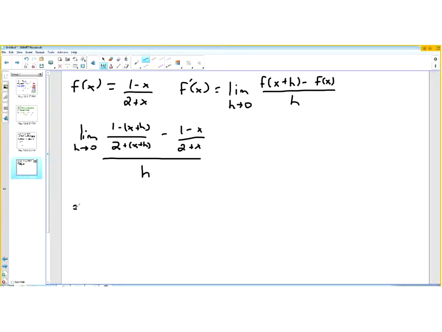So this is equal to the limit, and I'll go ahead and do the subtraction in the numerator.